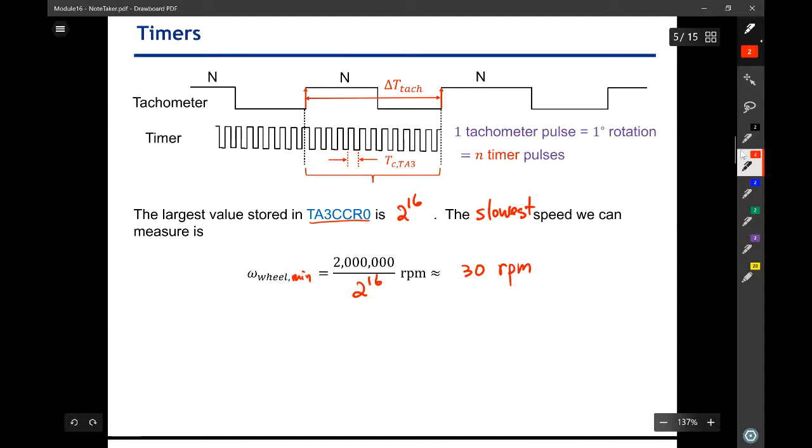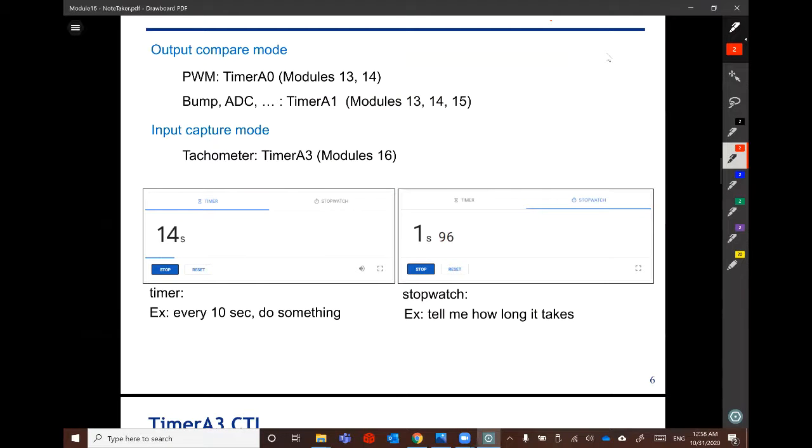That is the slowest speed you can measure. Okay, so there are 2 different modes in timers. The first one is output compare mode. This is what we use in modules 13, 14, and 15 for PWM, bump sensor ADC, and timer A1. Okay, so the second mode is input capture mode.